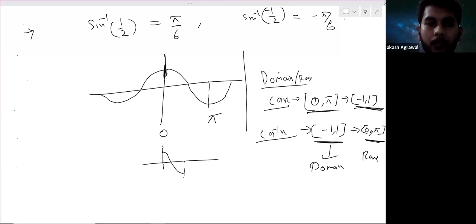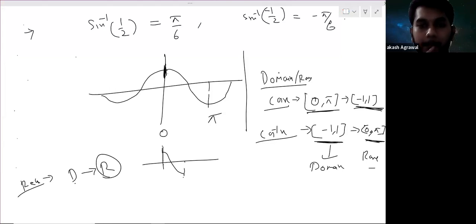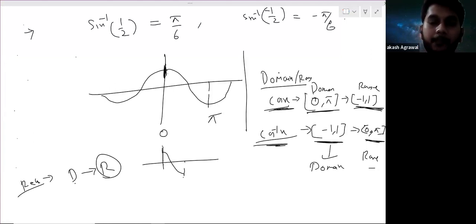In a relation, this is given like this, right? Domain and codomain actually, and codomain is generally range, right? Yes. So this is what I'm writing. This is domain and this is range of cos inverse x. All right.